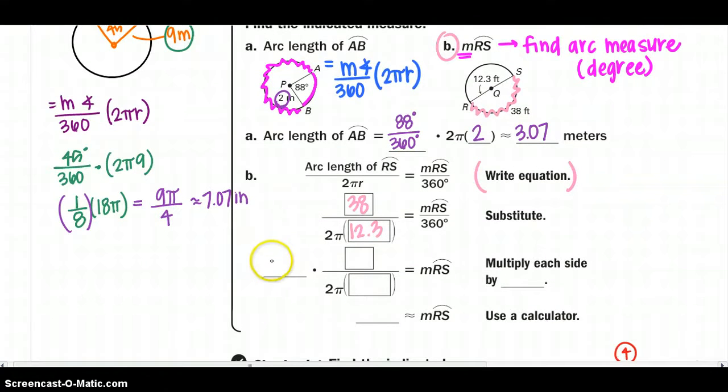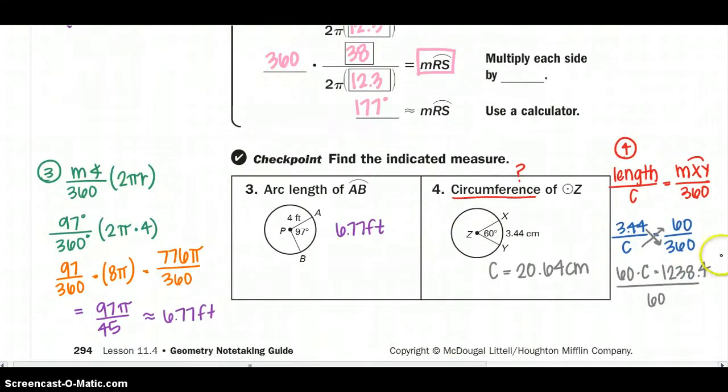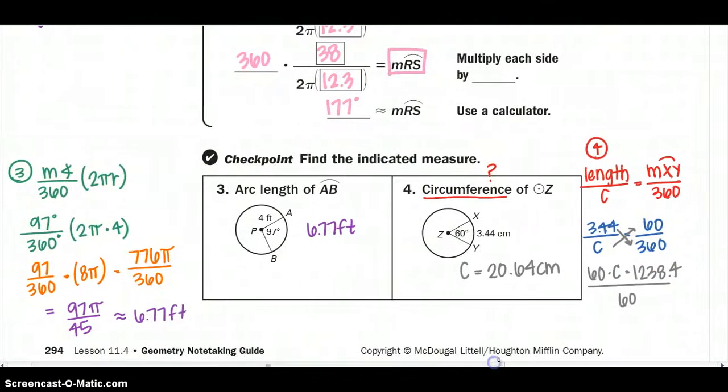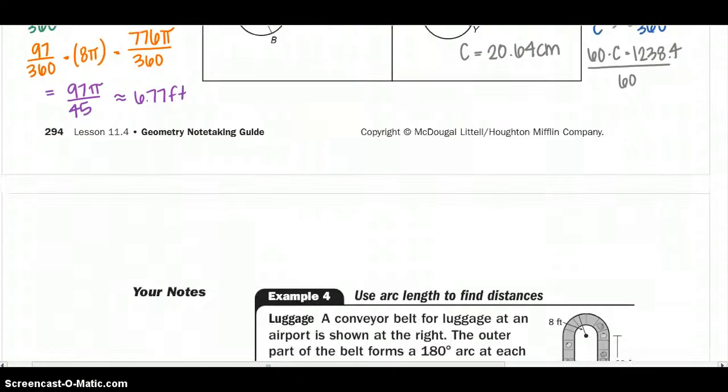I would then cross multiply, 360 times 38 over 12.3 times 2 pi to get my measure by itself, and I would get approximately 177 degrees. You guys can go ahead and do 3 and 4 and then check your answers. If you have any questions, please let me know the next time you see me.